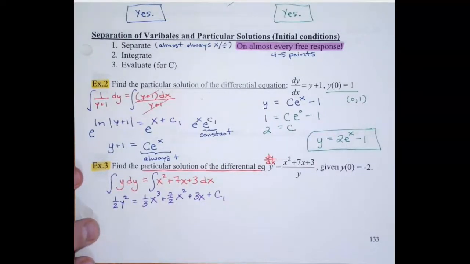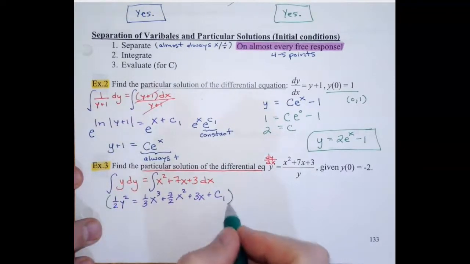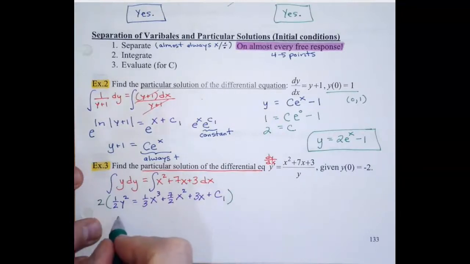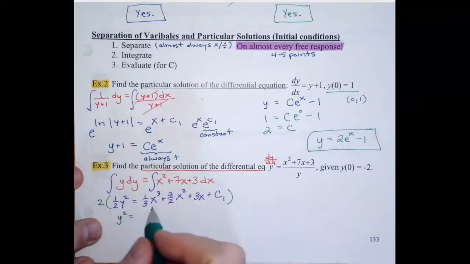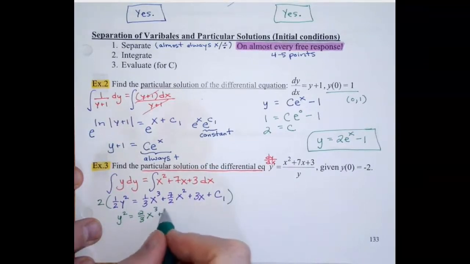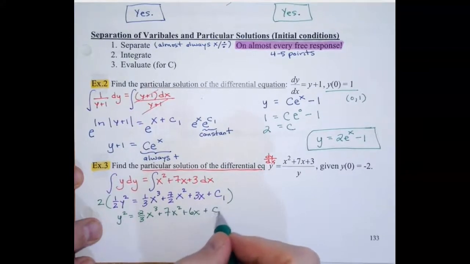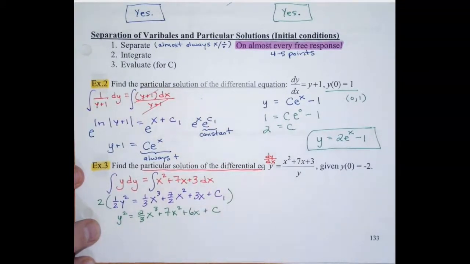Okay. So now we can multiply this whole thing times 2. That'll give us y squared equals 2/3 x cubed plus 7x squared plus 6x and plus a new c there.